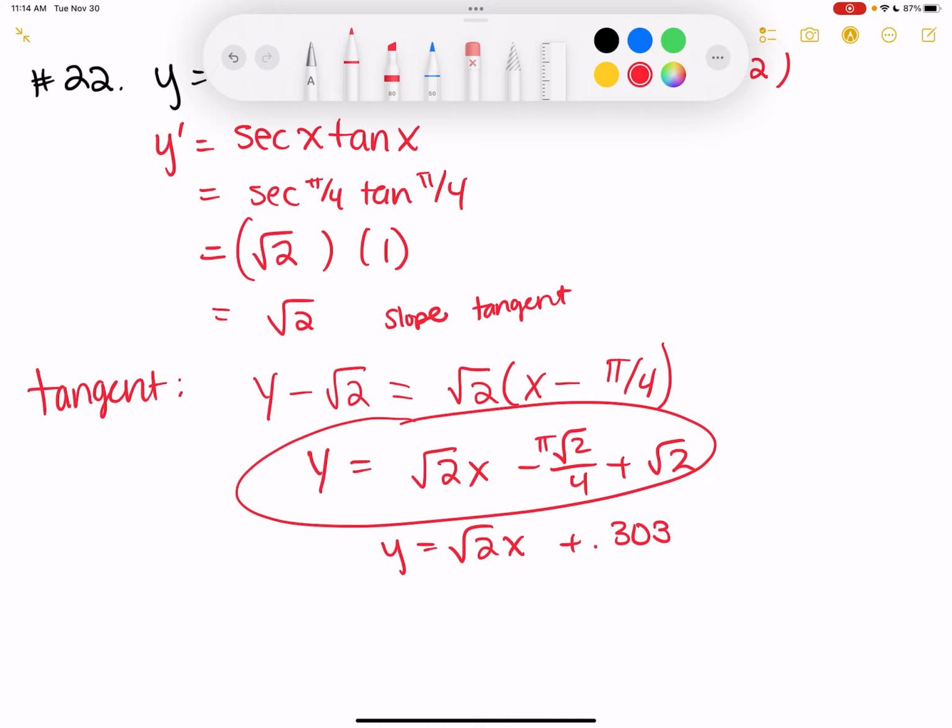So then that was our slope for the tangent. So our slope for the normal is minus 1 over that, so minus 1 over the square root of 2 or negative root 2 over 2.